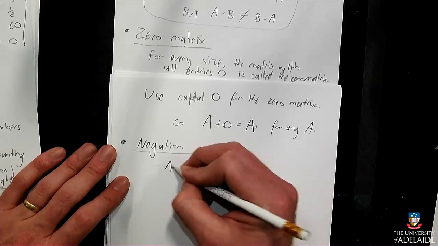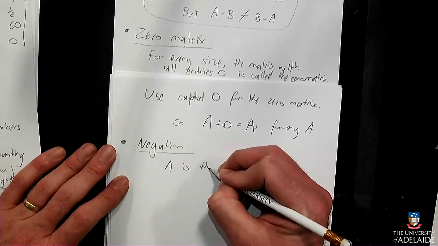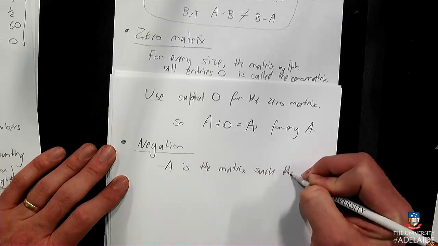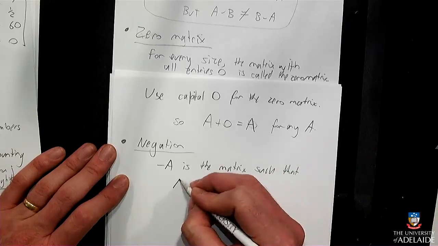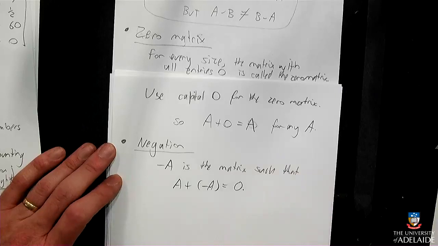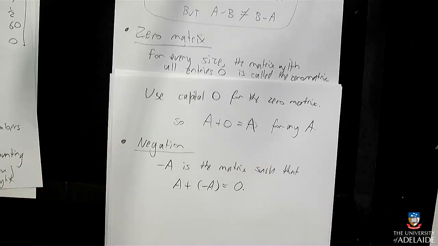So minus A is the matrix such that A plus minus A comes out to the zero matrix. Now that seems like a weird definition, but that's technically the definition of the number minus 3. The number minus 3 is the number that you would add to 3 to get 0.